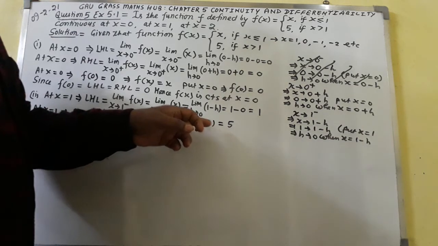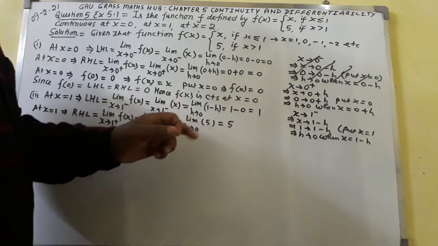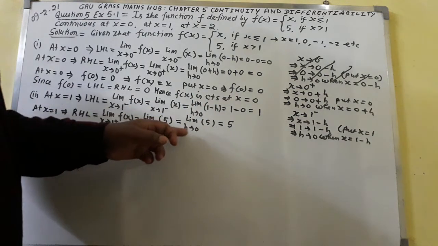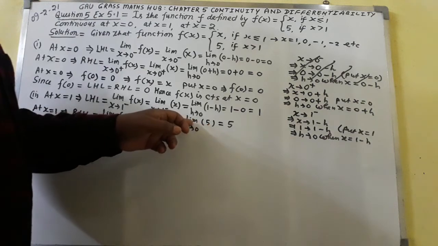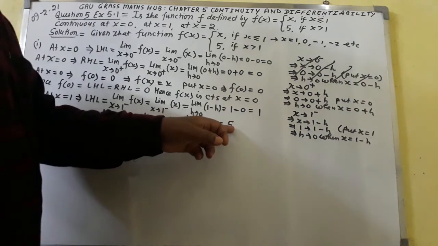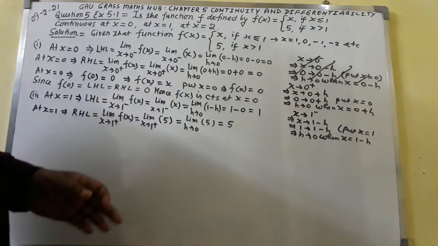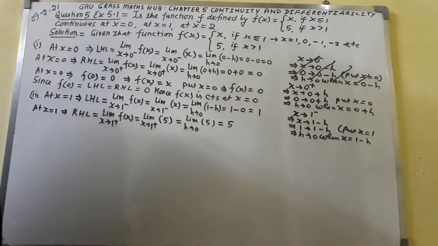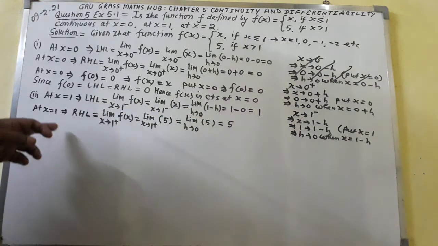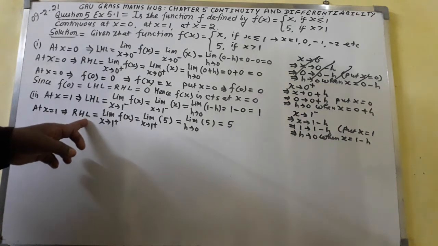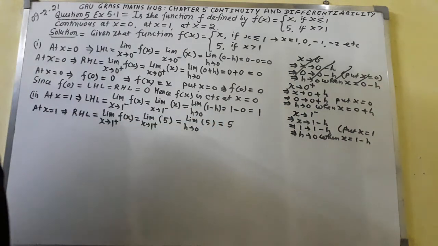There is nothing related to h in it. Since 5 is constant, the limit h tends to 0 of the function 5 comes out to be 5, because h is not available in 5. So here you have got the right hand limit equal to 5.